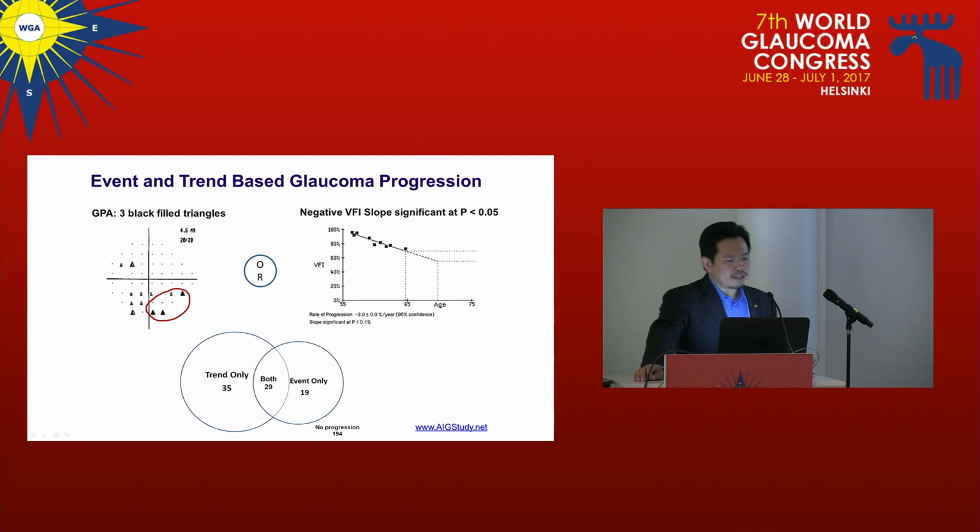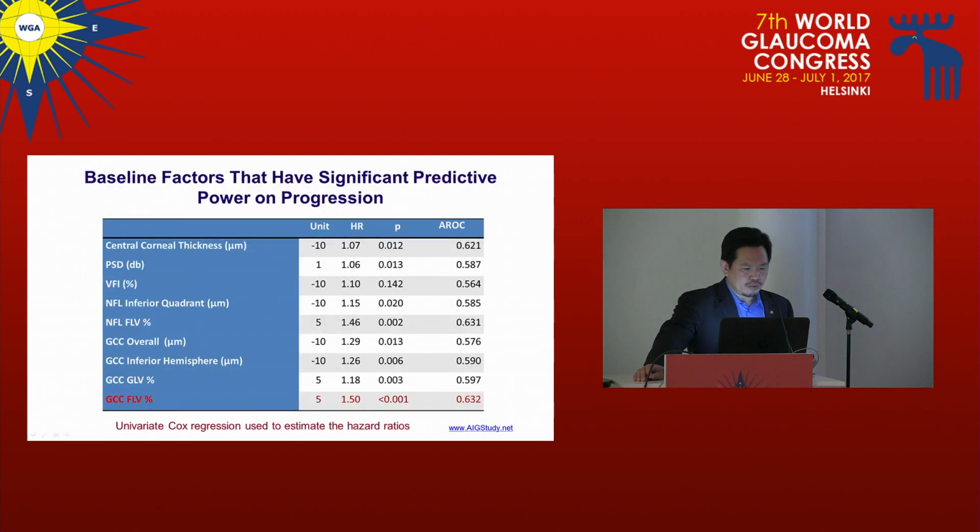And progression was based on one GPA event analysis, or the 3 black triangles test, and a significant negative visual field index slope. And the Venn diagram at the bottom shows you that the trend analysis was more sensitive for picking up progression in this group.